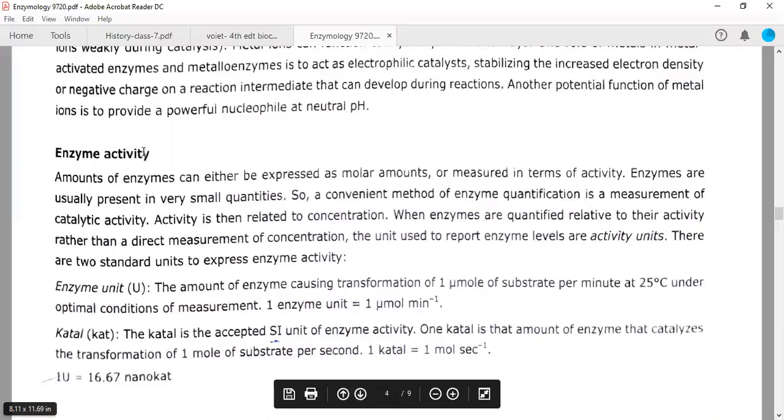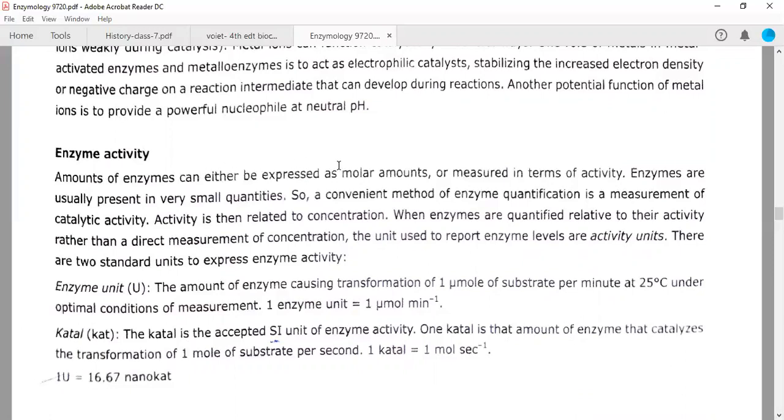First of all, the amount of enzyme can either be expressed as molar amounts or measured in terms of activity. How are you able to know how much enzyme you have in your hand? You will take the enzyme in a test tube, add some substrate, and catalyze a reaction.